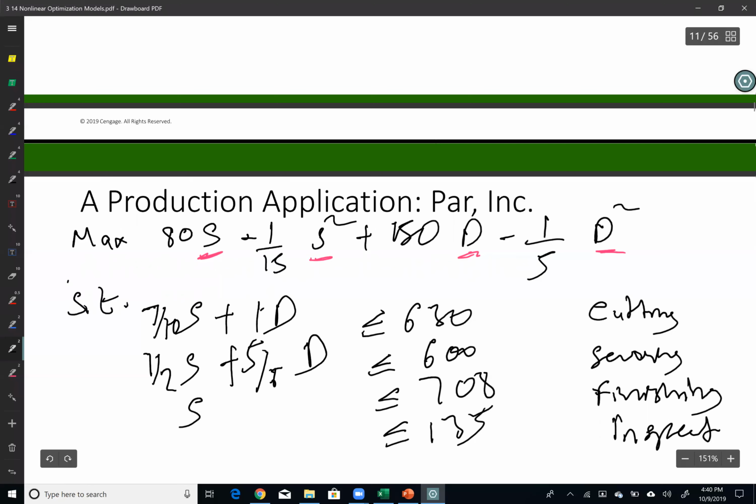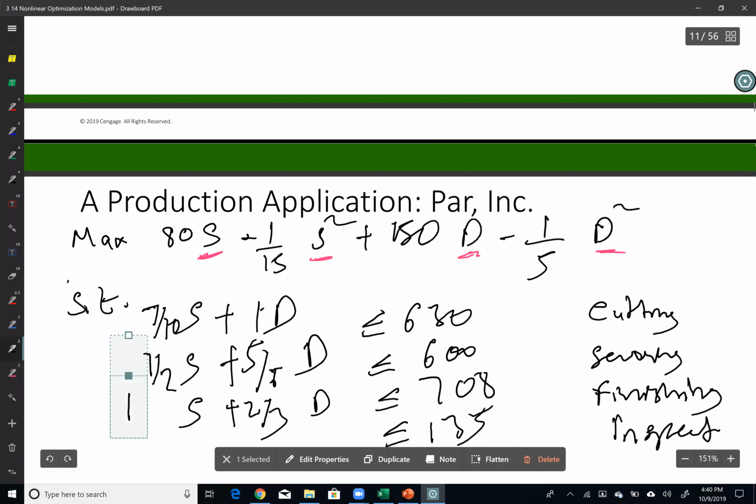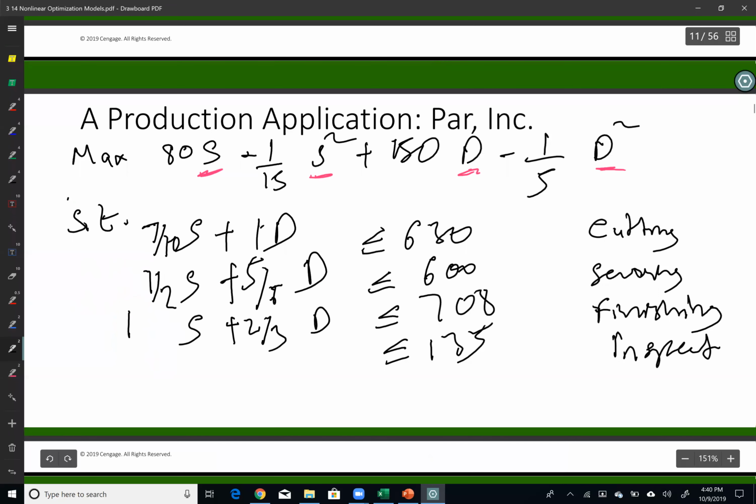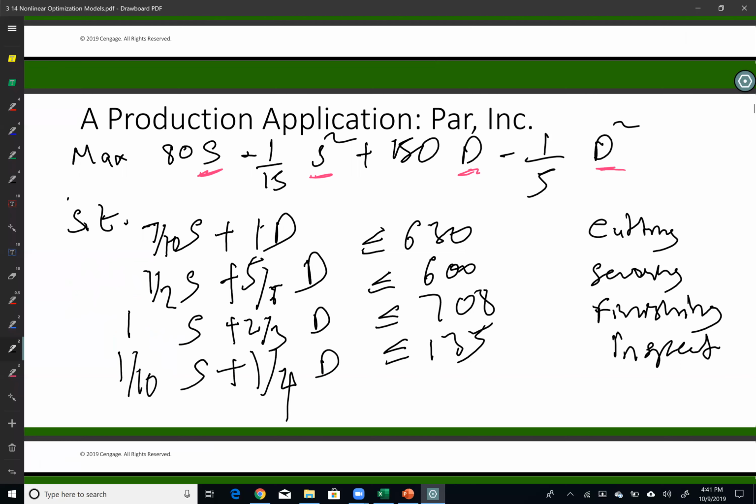Every standard bag requires 1 hour of finishing department, and every deluxe bag requires 2/3 hours or 40 minutes of finishing department. Finally, every standard bag will require 1/10 hours of inspection department, and every deluxe bag will require 1/4 or 15 minutes of inspection time.